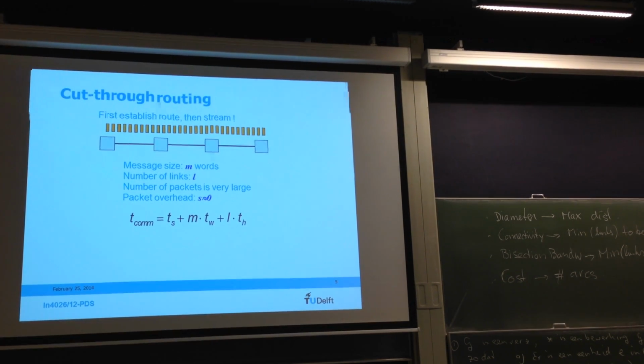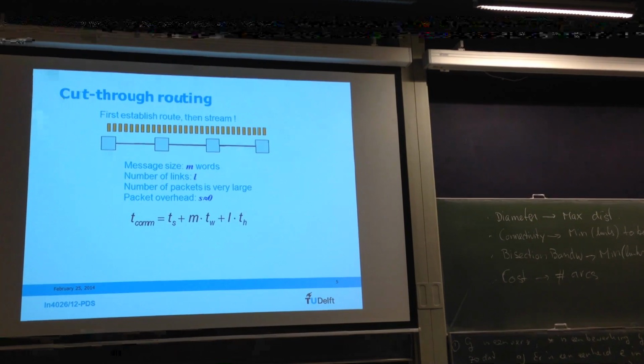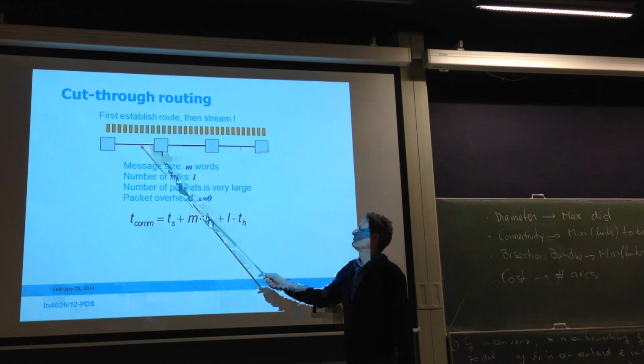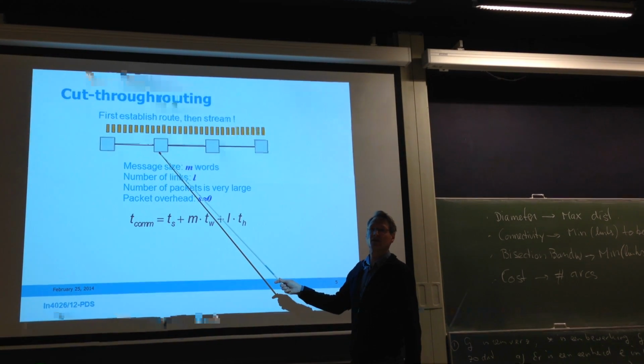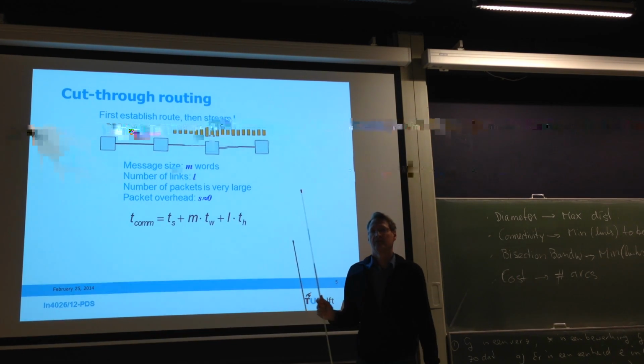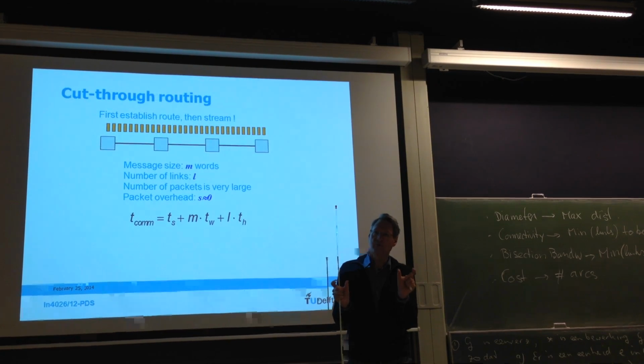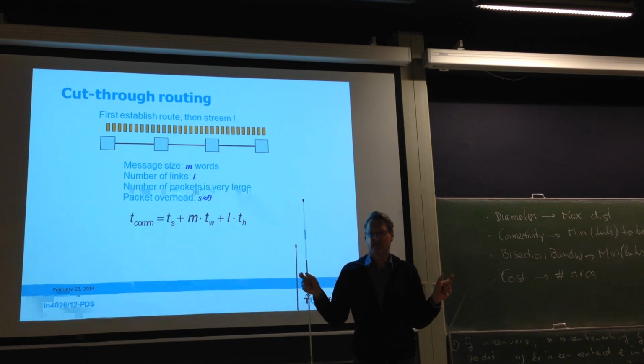Can you please explain again what the hop time is for? The hop time is this: the packet comes in, I have to store it in an internal buffer before I can send it to the next one. But it makes a big difference if it's a small packet or a large message.